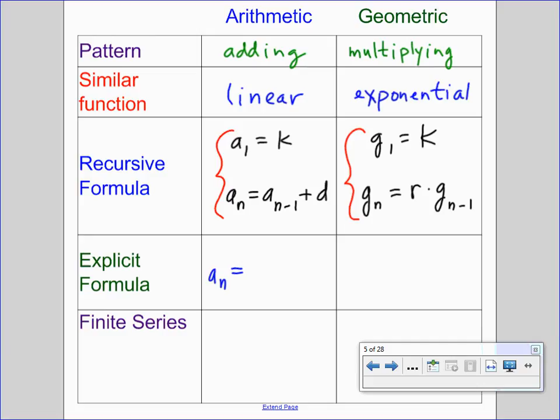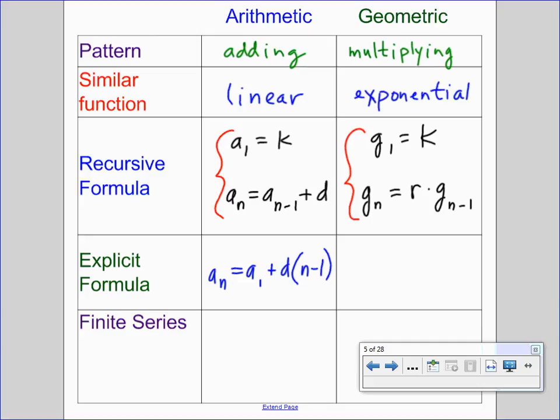A sub n equals a sub 1 plus d times n minus 1. Absolutely, thank you. You can see here that I've got my constant rate of change multiplier, and this n minus 1 input subtracts off for that first term. That looks like a linear function.